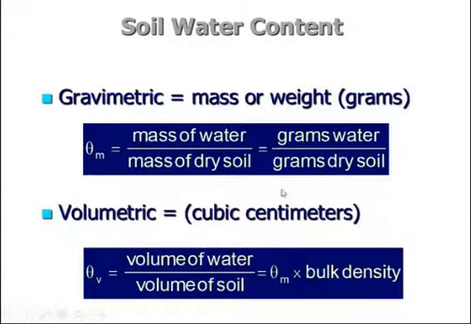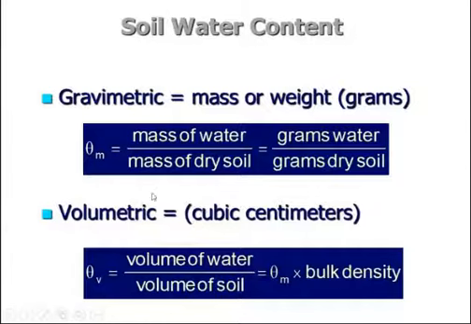Well, very simple. The gravimetric moisture content is the expression on a mass basis. So it basically tells you how much mass of water there is in a dry soil, and it can be calculated by using this equation: the mass of water divided by the mass of dry soil.